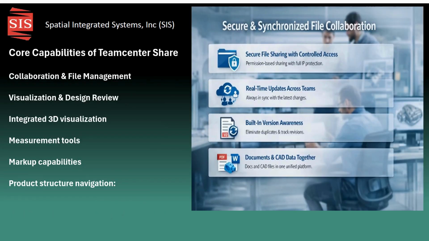Some core capabilities of Teamcenter Share include collaboration and file management, which includes secure file sharing with controlled access, real-time updates across teams, and version awareness throughout synchronized files. It supports documents such as PDF, Word, and CAD data.